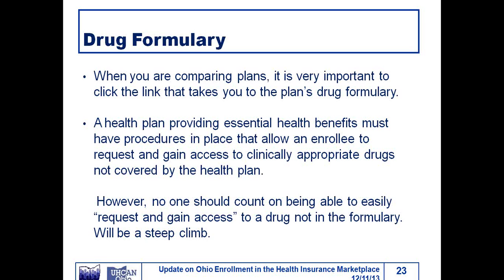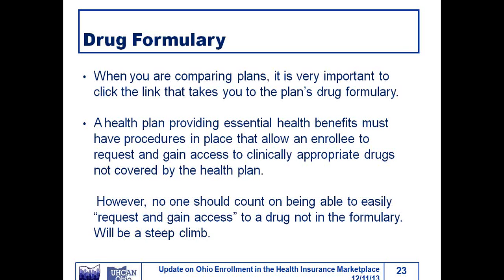The insurance companies are going to be very reluctant to authorize drugs that were not in their network because they are able to get discounts when a drug is in their network, and that helps them financially. So I would never choose a plan that didn't have the drug that I needed, thinking that I will somehow ask for an exception.